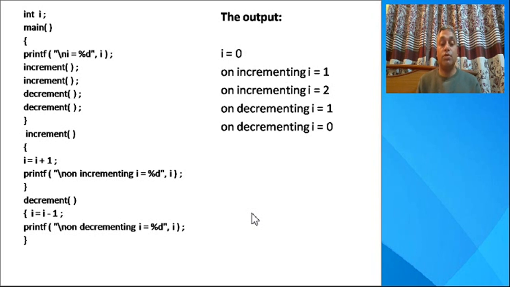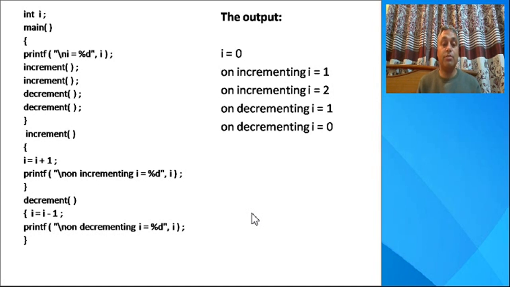After these two function calls, the third function call statement is decrement. Another function is called, that is decrement, and in decrement, as you can see, the value of I is decremented by 1. Before that, the value of I was 2. Now the value of I becomes 1 and it gets printed as 1. After that, again calling the decrement function, the value of I becomes 0.